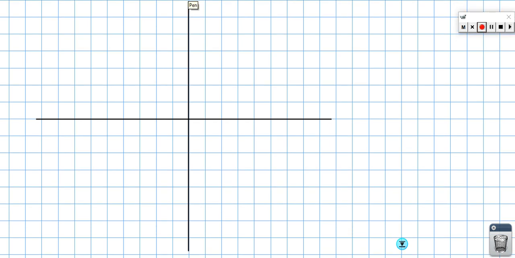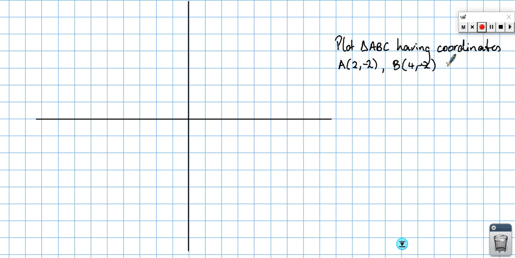So, plot triangle ABC having coordinates A 2, minus 2, B 4, minus 2, and C 5, minus 4.